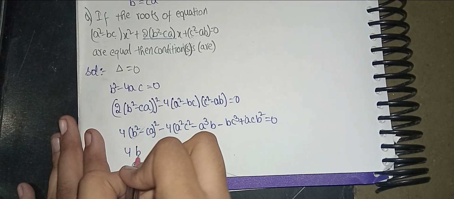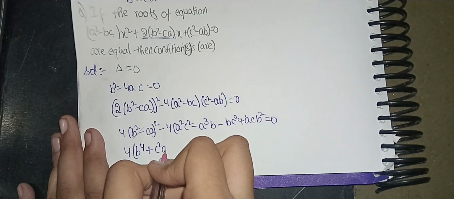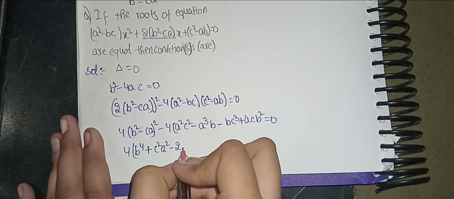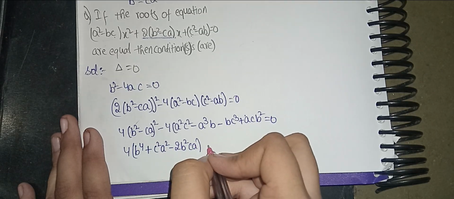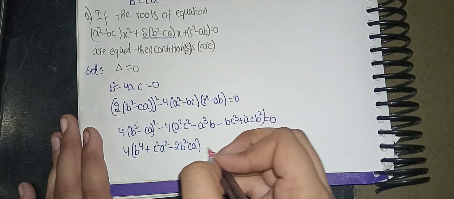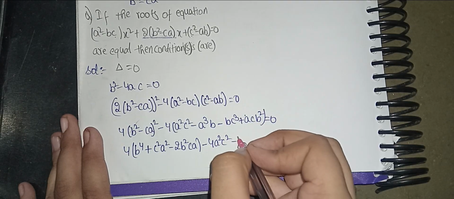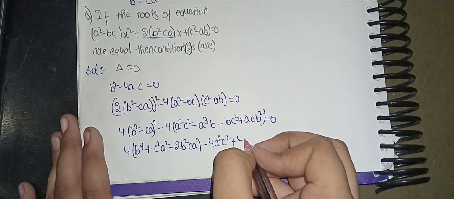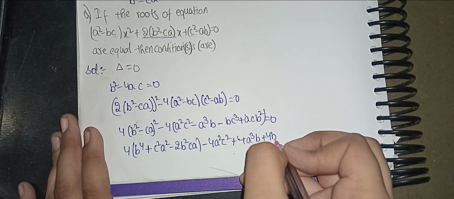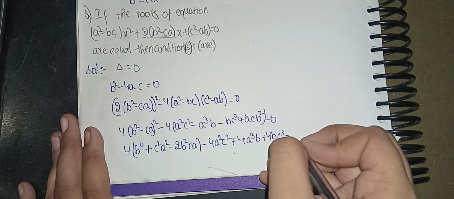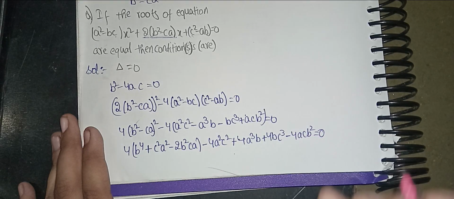Means 4b power 4 plus c square a square minus 2b square ca, minus 4a square c square plus 4a cube b plus 4bc cube minus 4acb square is equal to 0.